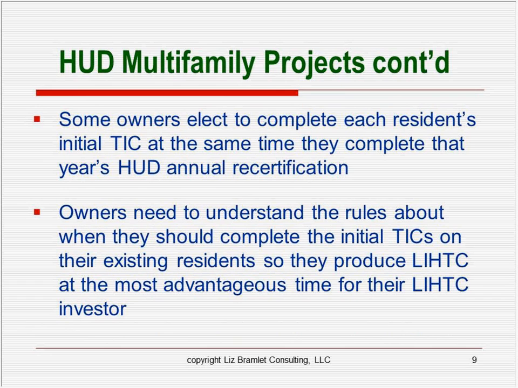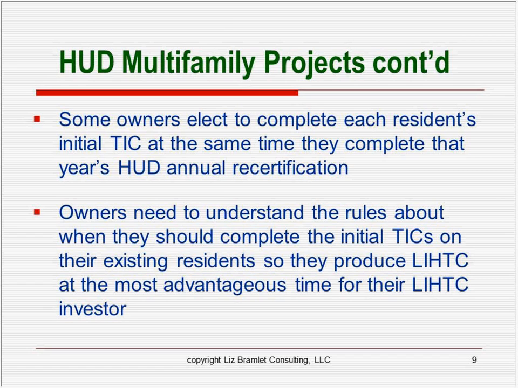Owners elect to complete each resident's independent income certification for tax credit purposes at the same time as they are completing their HUD annual recertification for that year. That's not the end of the world. The sun will come up tomorrow if you do that. But what you need to understand is that there are rules about when you should complete an initial tenant income certification on your existing residents so that they can start producing a tax credit for you when it is most advantageous for you and your tax credit investor.